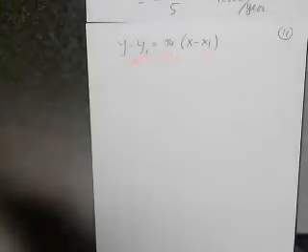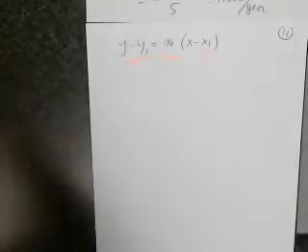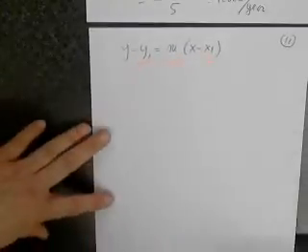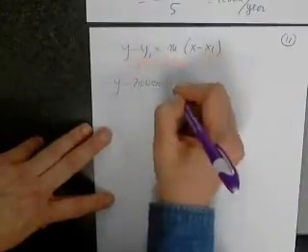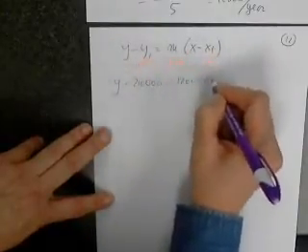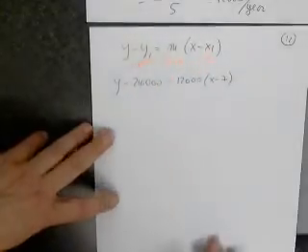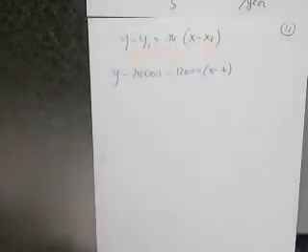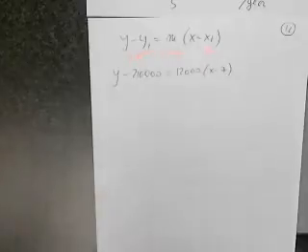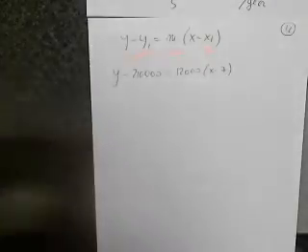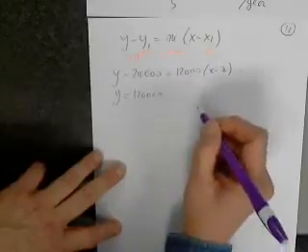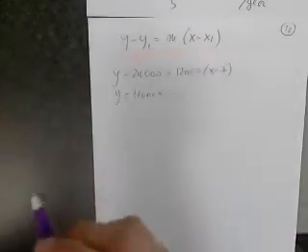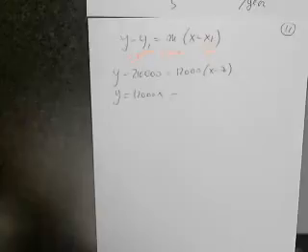So what do I get now? I get y minus 210,000 equals 12,000 times x minus 7. I have to distribute 12,000 and I have to add 210,000. So y equals 12,000x minus, what was that? 84,000.